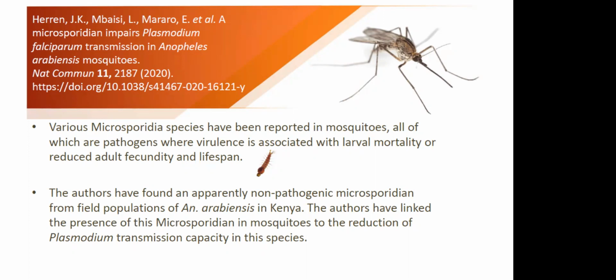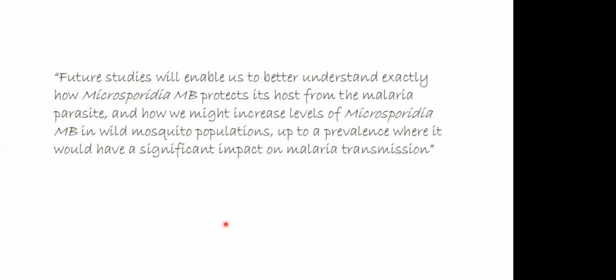But this is a species which was found to infect mosquitoes, not cause illness, but affect the growth of malaria parasites in the vector mosquito. So it suggests a possible way, if you can get this organism to spread, a method to help control malaria. So I think that really is the end. Thanks.